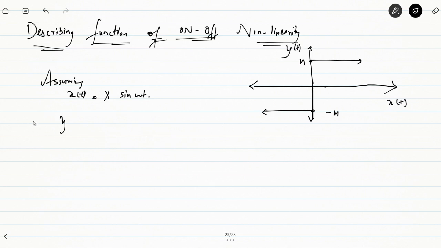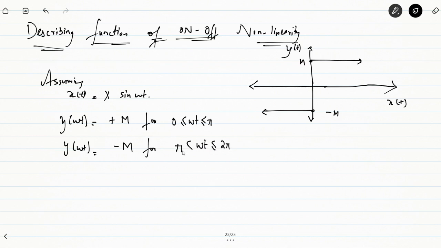So you need to find out y(t) for a sinusoidal input. So y of omega t is plus M for omega t from 0 to pi, and y of omega t is equal to minus M for omega t from pi to 2 pi. Right?